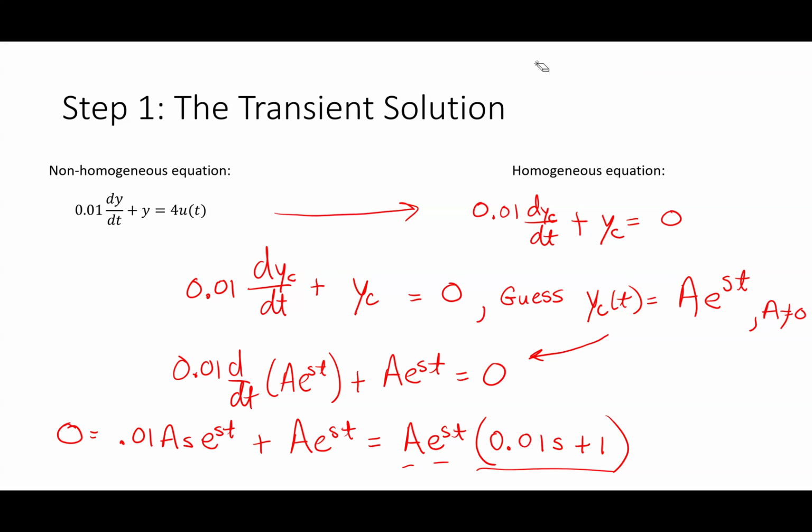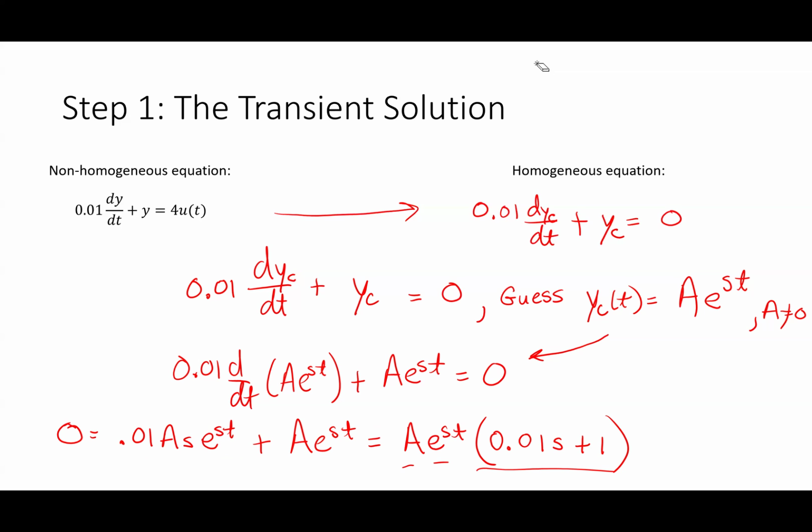What's true about e to the st? Is that ever 0? Unless I could get all the way back to negative infinity, sometime before the Big Bang, that thing is never equal to 0. Well, depends whether s is positive or negative. Either way, I'd have to get to a negative infinity or a positive infinity for this thing to ever be equal to 0. So for any real number that exists, it doesn't happen.